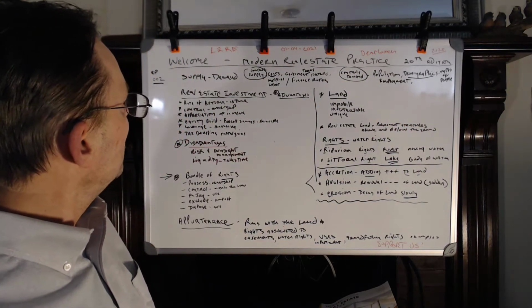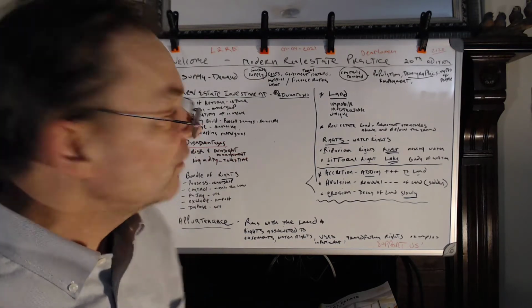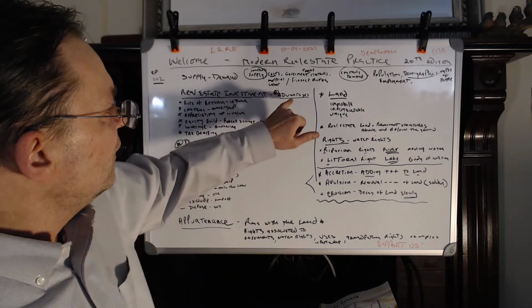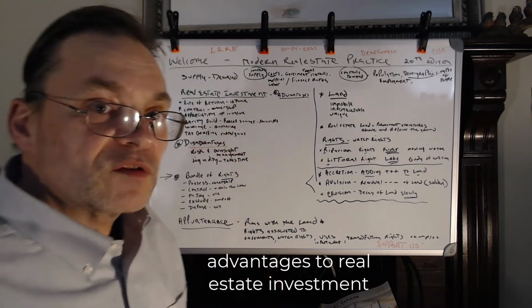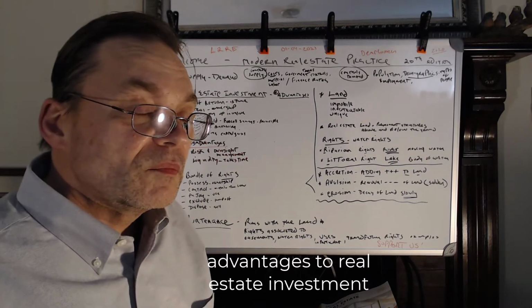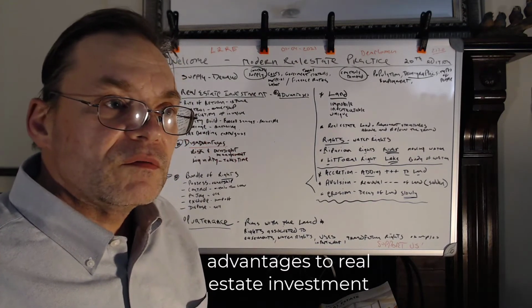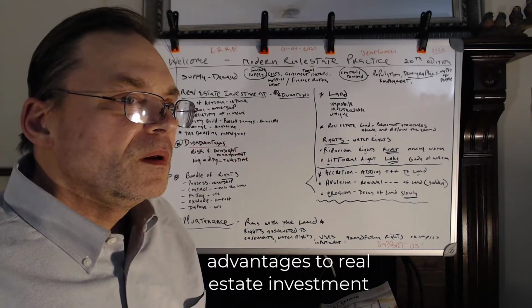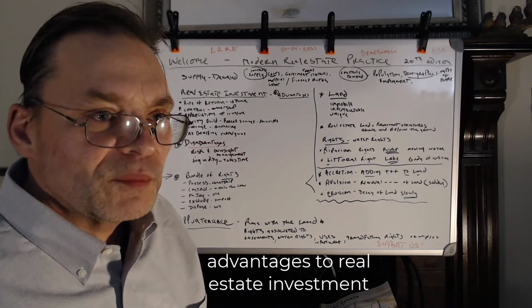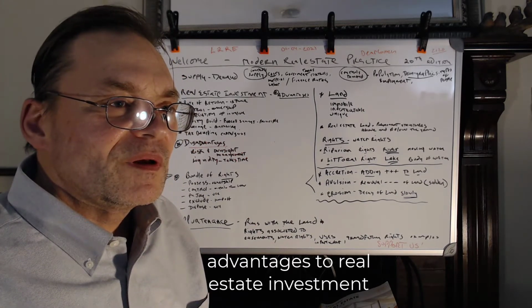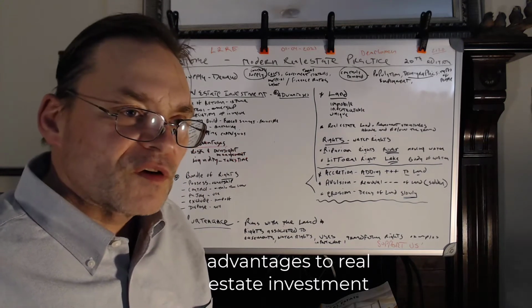Okay, that's the supply and demand. We're going to be talking about real estate investment itself. The advantages of real estate investment, which is a pretty neat thing if you go back in time, and how bubbles are made, but it's always gone up, just like the stock market.